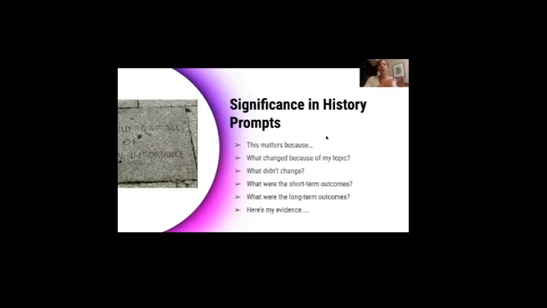And it's important that they build their significance statements on evidence. What I see a lot is that kids will offer an opinion about why this is important. And that's where you get these grand sweeping statements that are not grounded in research or facts.